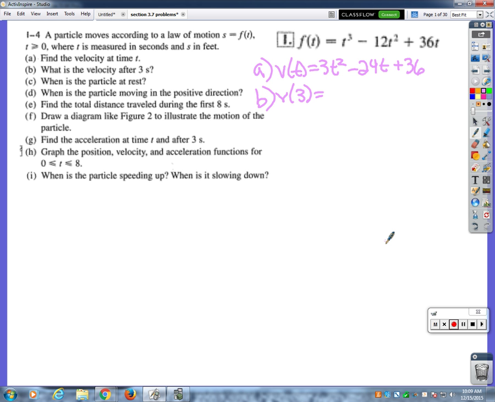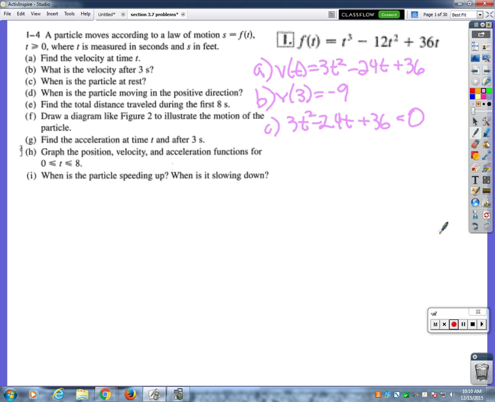Alright. So I have a question about that. What does that mean, a negative velocity? Does that just mean it's moving at 9 feet per second away from us? This is a particle that's just moving back and forth, and so they're saying left is negative and right is positive. So it's moving negative 9 feet per second to the left.